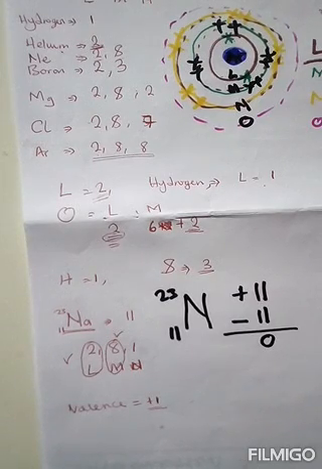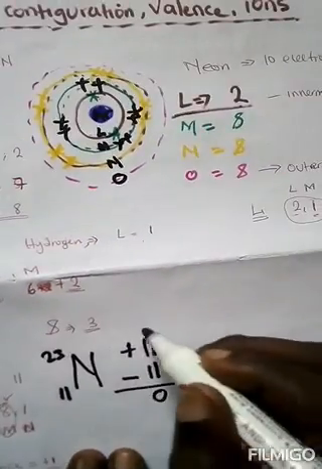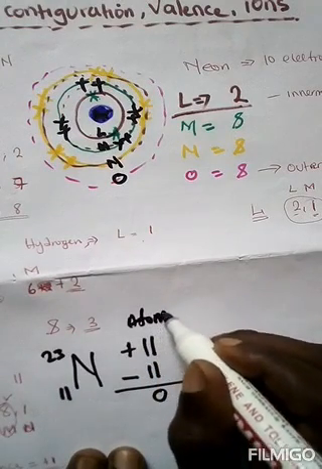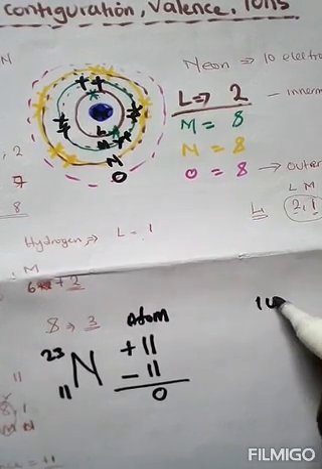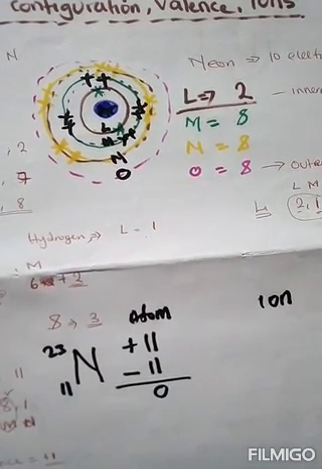Now this is what happens. This was sodium, an atom. Now imagine sodium loses the electron. An atom that has lost or gained an electron changes its name. It's no longer an atom, it becomes an ion. Simple as that. So an ion is simply an atom that has either lost or gained electrons.